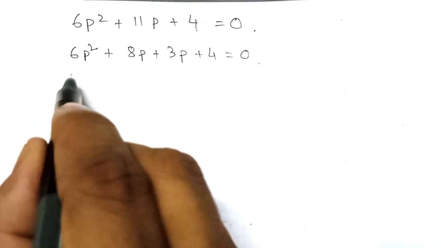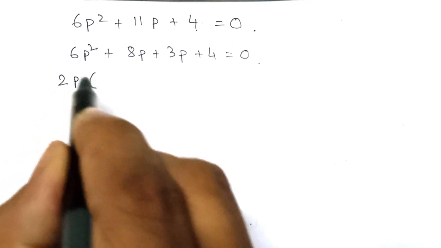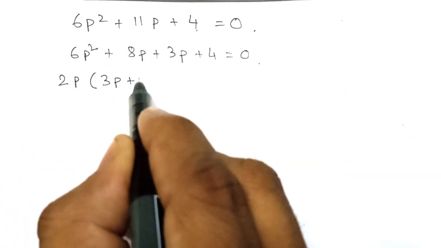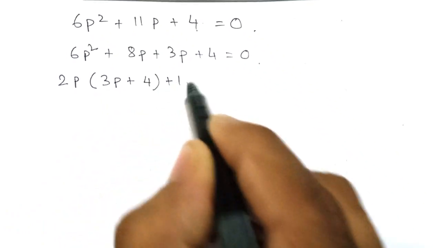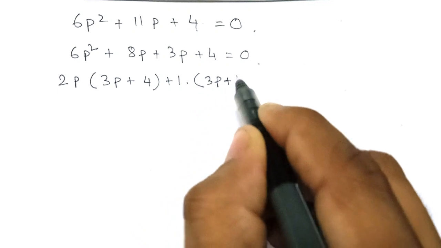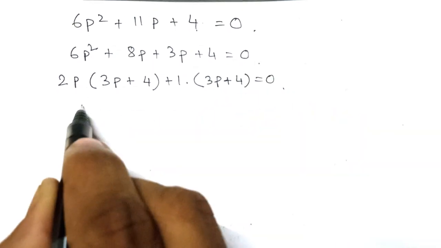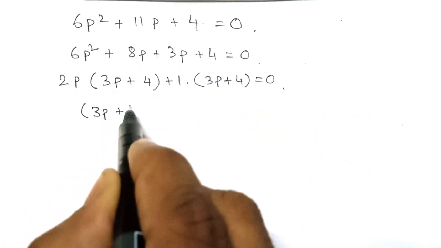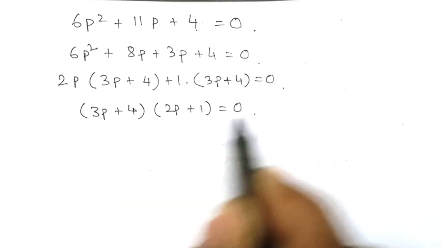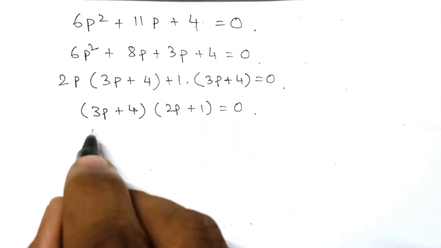Now we will take 2p common from the first two terms, so inside it will be 3p plus 4, and 1 common from the third and fourth terms, so that inside the bracket it becomes 3p plus 4. So we will now take common 3p plus 4, and inside the bracket will be 2p plus 1 is equal to 0. So we have two separate solutions.